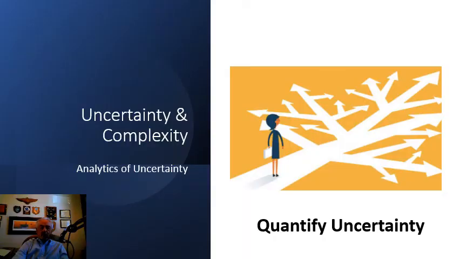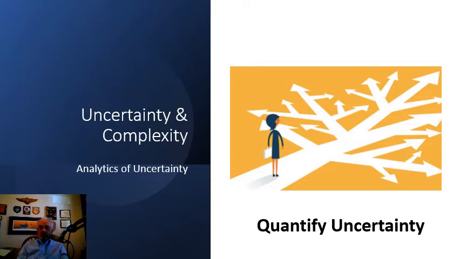Also, the environments that we are dealing with here are uncertain and complex. This whole area of uncertainty and complexity can be dealt with either on an ad hoc basis or we can employ the analytics of uncertainty. We choose to employ the analytics of uncertainty, and we're going to be discussing what they are, at least some of them.